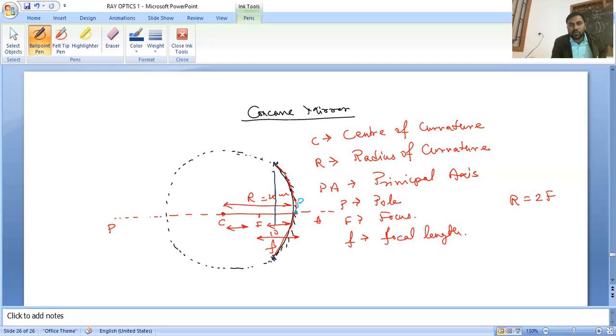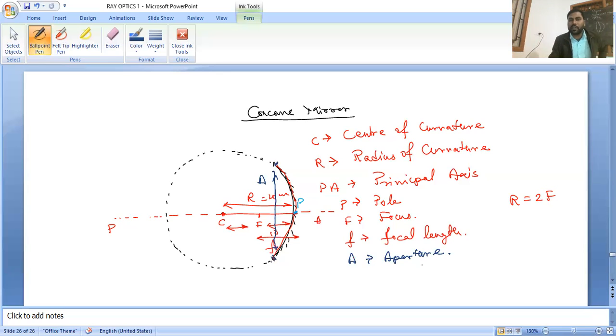The distance between the two ends is known as aperture, meaning the distance of the open mouth, how much the mirror is open, how wide it is, or what the curvature is. So this is the main terminology of a mirror. The same concept applies to a convex mirror. No issues. All things are the same.